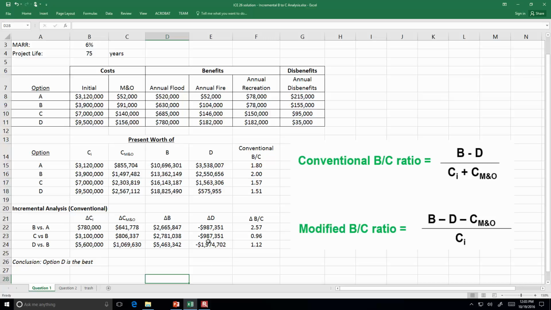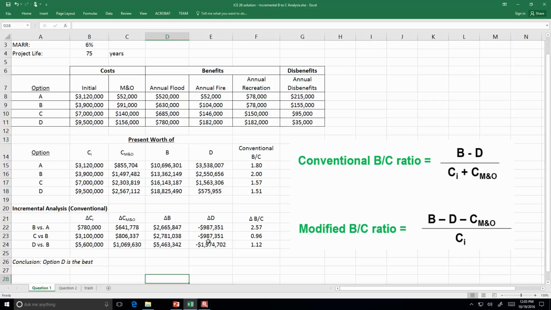The interpretation of B versus A is you're just looking at how much more expensive is B compared to A, and how much more benefits are there, what are the differences in disbenefits, and so on. You calculate the change between the 2 alternatives, and then you put the change of each of these categories into the conventional B to C ratio formula.